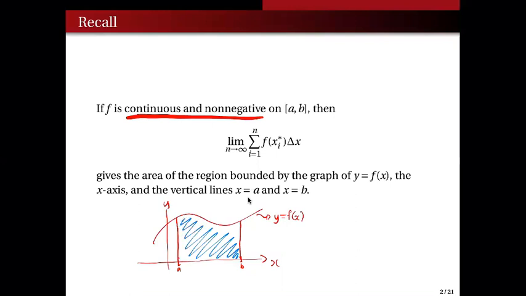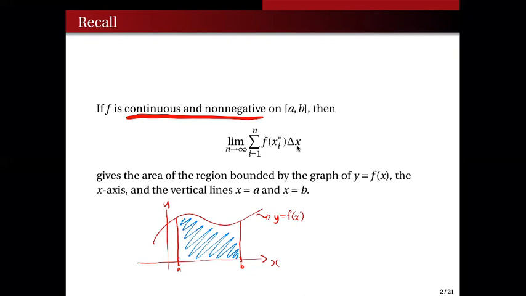So we have the region bounded by the graph of y equals f of x, the x-axis, and the vertical lines x equals a and x equals b.